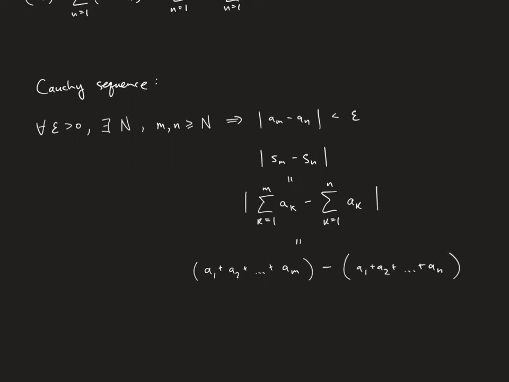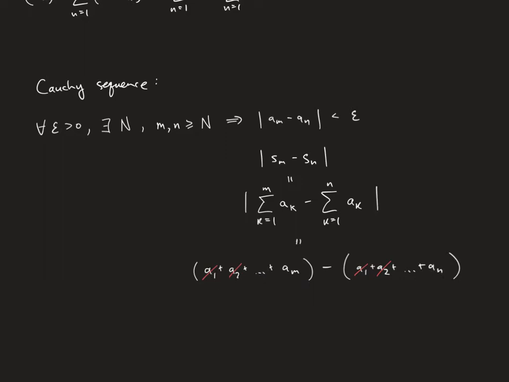And so you can see you're going to get a lot of cancellation here. a1 is going to cancel, a2 is going to cancel. Basically, let's say m is bigger than n, then an is in here somewhere, and everything up to it is going to get canceled out, right?